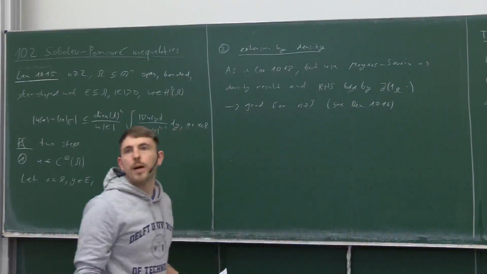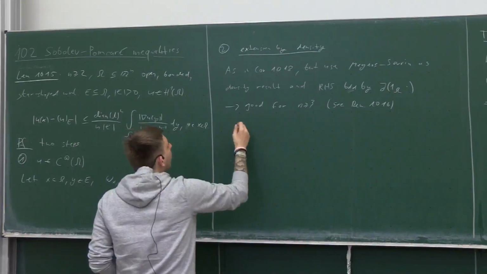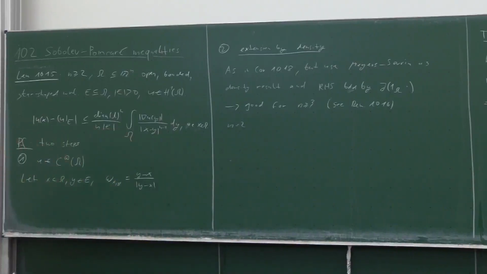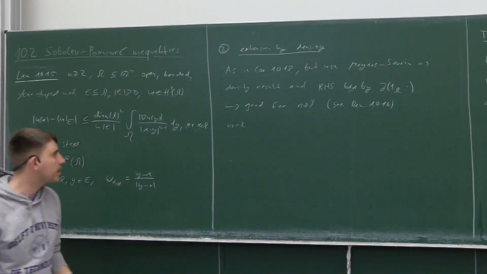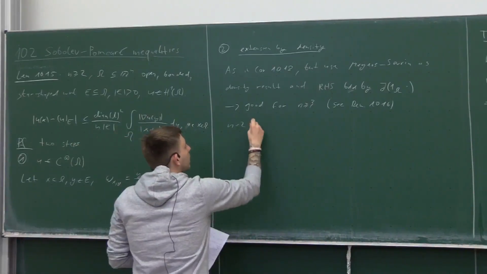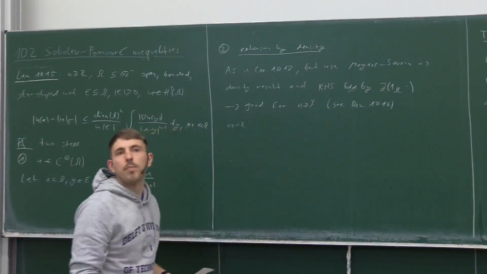And then we also have the dimensions n equal to 1 and n equal to 2. Yeah, so where was it? Here I said n is at least 2 to treat this case here. How does it work? Well, I use that omega is a bounded set.